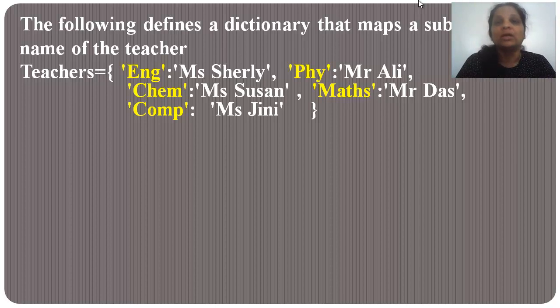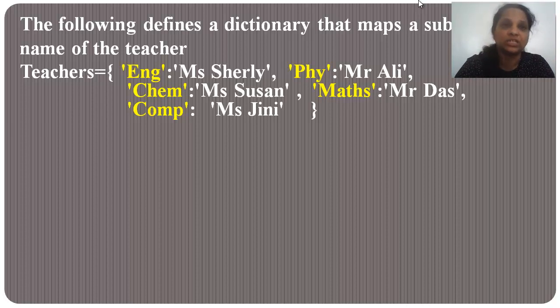So and so forth. Maths is the third or the fourth key with the value associated with it as Mr. Das. The last key is comp and the value associated with it is my name. Is that clear? So this is how you write a key value pair. Now you may have a value repeated multiple times, but remember the key can never be repeated. So this is one way of creating a dictionary.